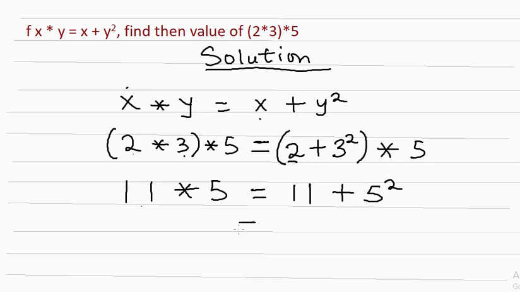This is equal to 11 plus 5 squared, which is 25. 11 plus 25 gives us 36. So the answer is 36. As simple as that.